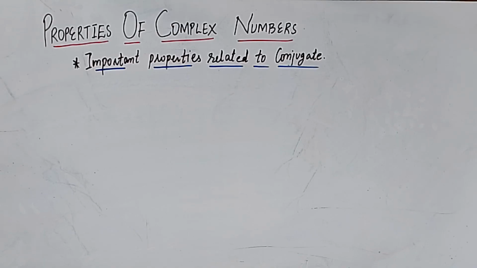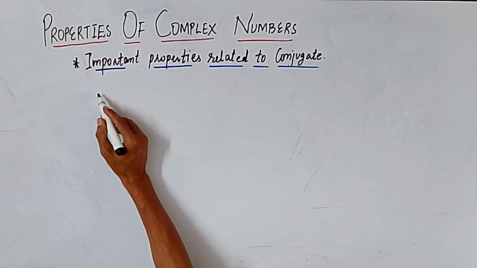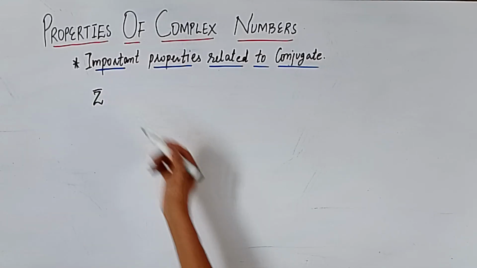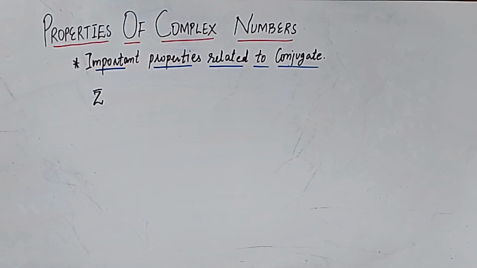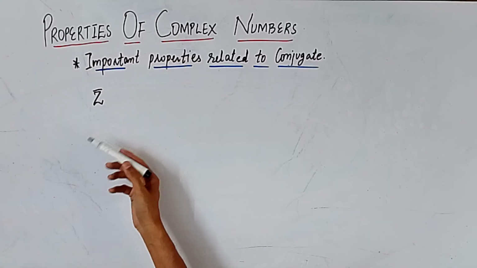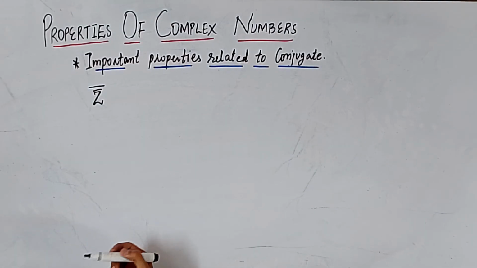Now there are some very important properties related to the conjugate of a complex number. First property: how will you represent the conjugate? A bar on the complex number. If you think smartly, you will easily understand it. If we take the conjugate of a complex number and then take the conjugate of that conjugate, what will you get?